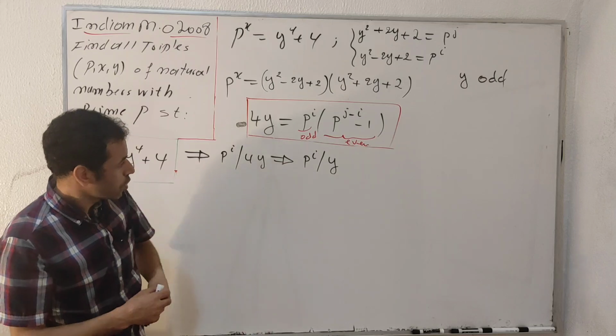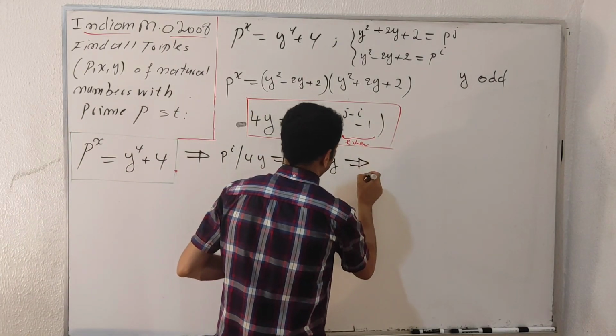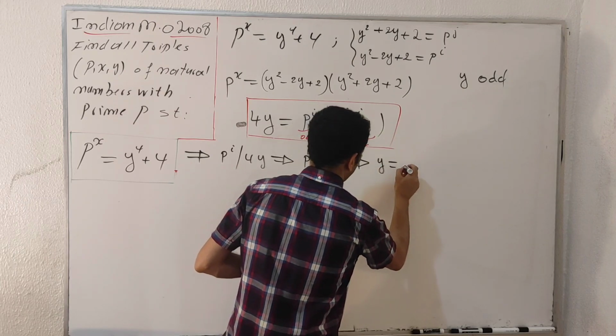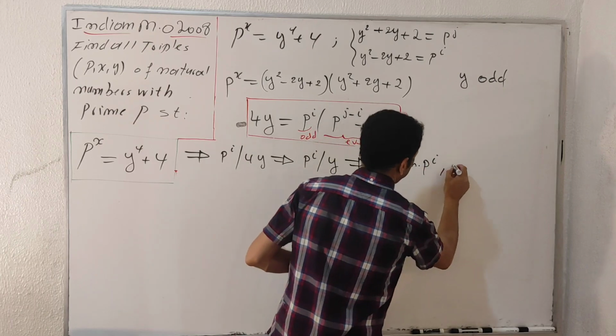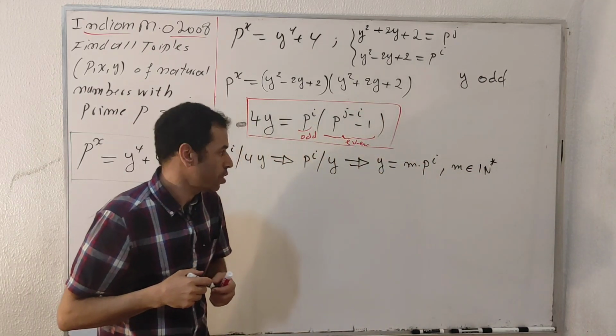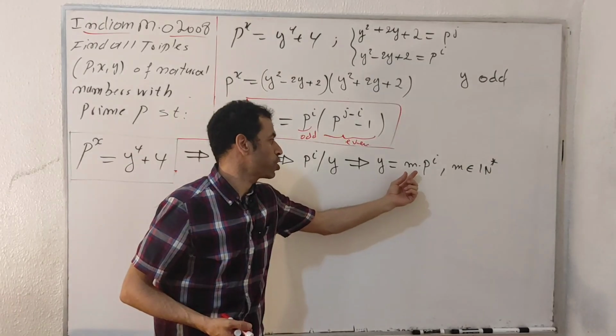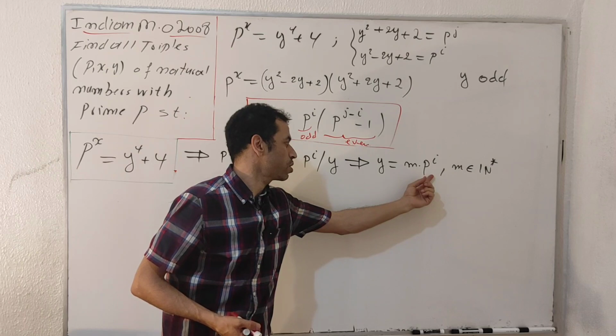Now what is this telling us? This tells us y equals m multiplied by p to the i, where m is a natural number. According to the divisibility statement, we have proportionality between this number y and this odd prime.